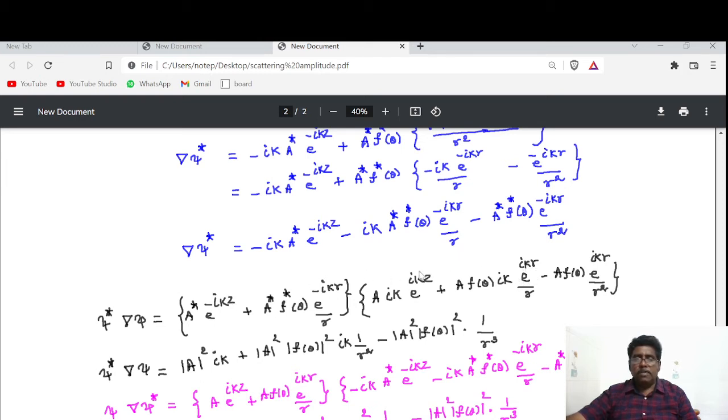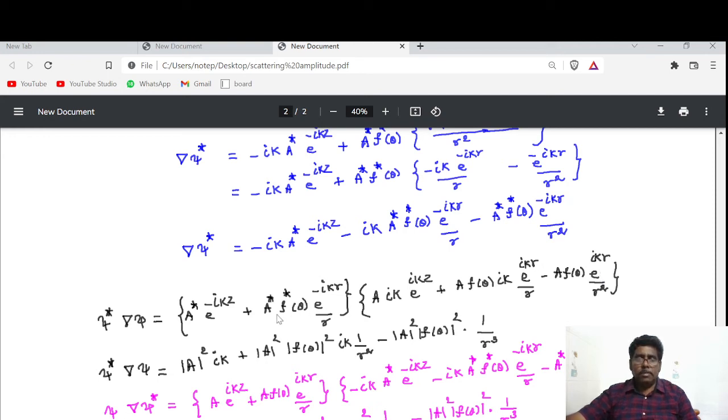So multiplication of these two terms will provide 0 value because the overlapping term will not be taken into account. Overlapping term means one term is present in e^(-ikz) and another term is present in e^(ikr). So this is called overlapping. So the result is 0. In the same manner, e^(-ikz) into e^(ikr), if you multiply the first term with the last term, that value is also 0 because of the overlapping term.